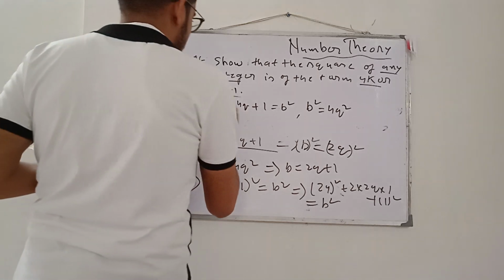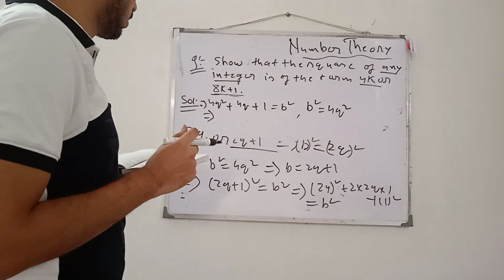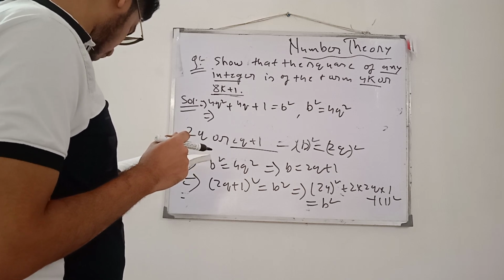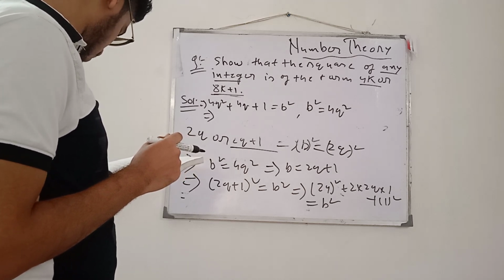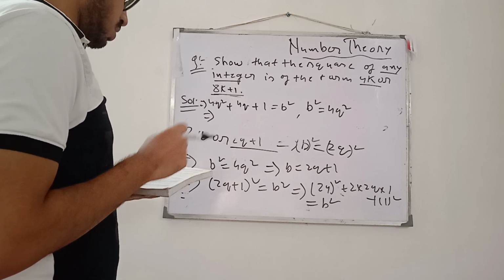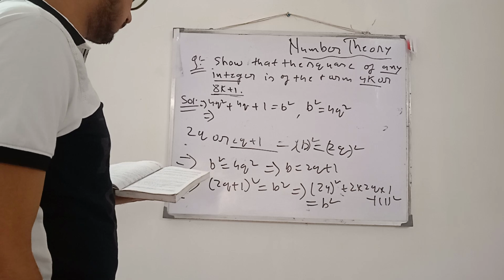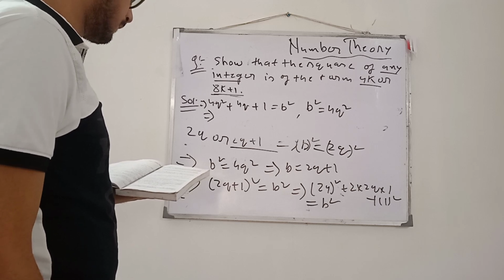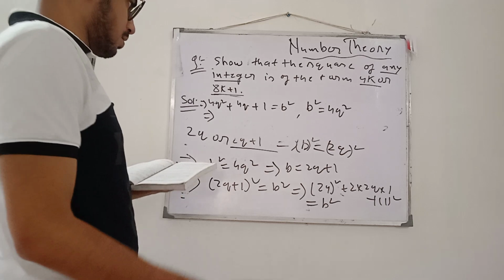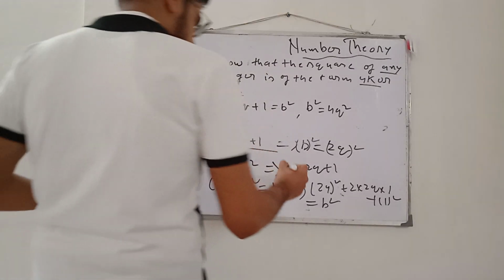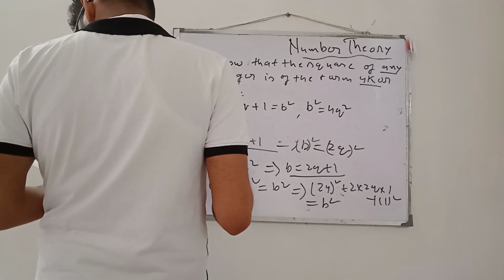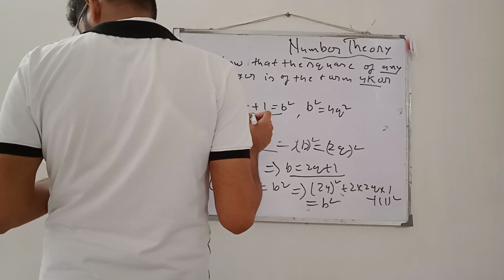This one is 8q plus 1, no? What should I do now? b is equal to 2q plus 1. Yeah, this one is correct.